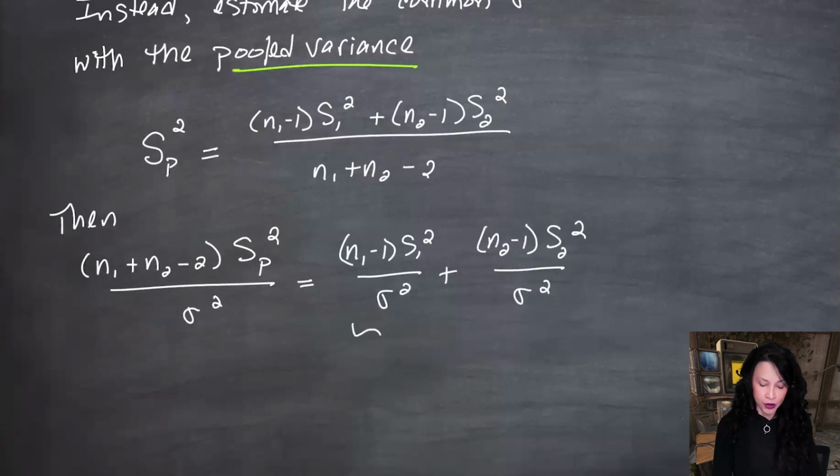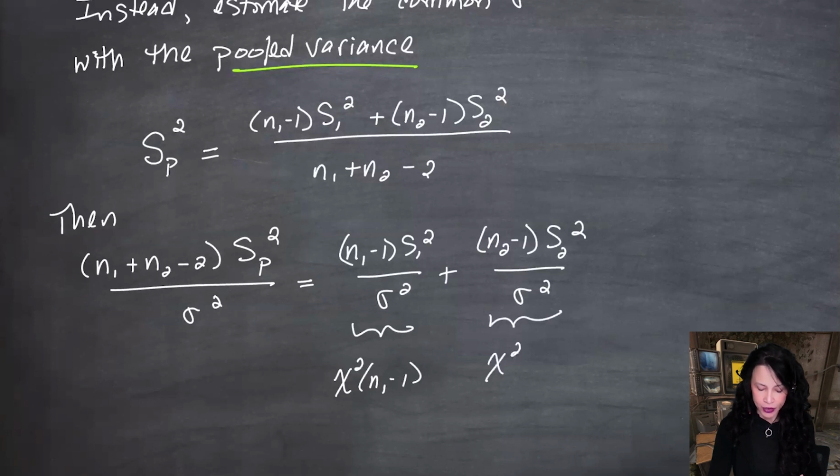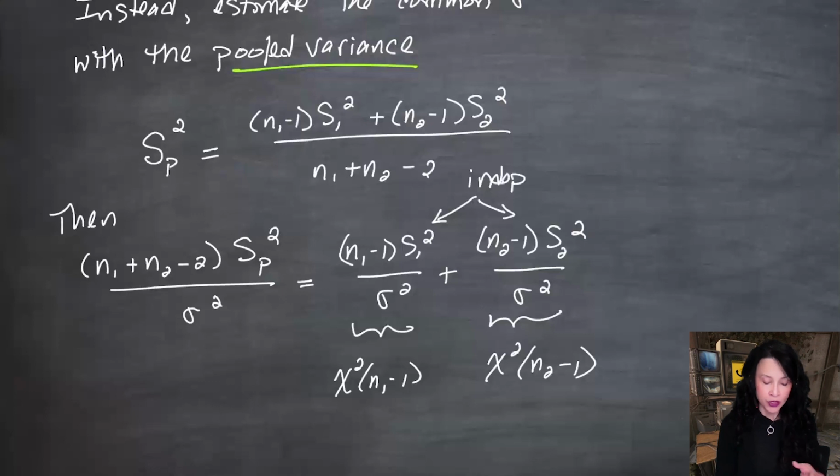And we already know, starting with the normal distributions for our random samples here, that this first term has a chi-squared distribution with n1 minus 1 degrees of freedom, and this one is a chi-squared with n2 minus 1. These two terms are independent because they're computed from these sample variances, which come from independent samples.